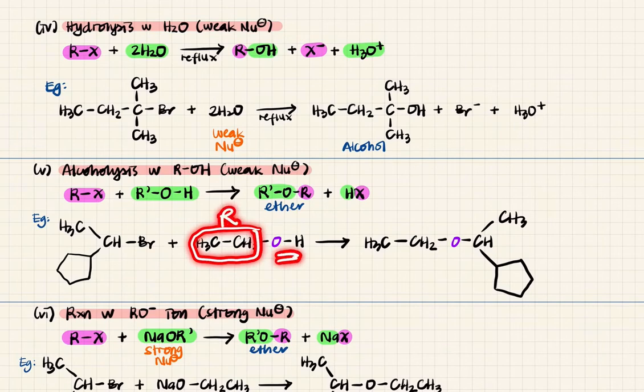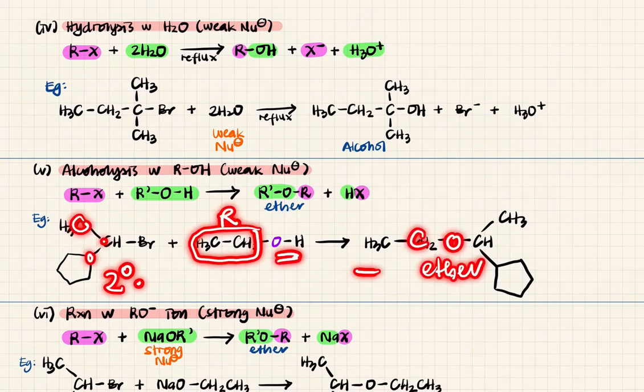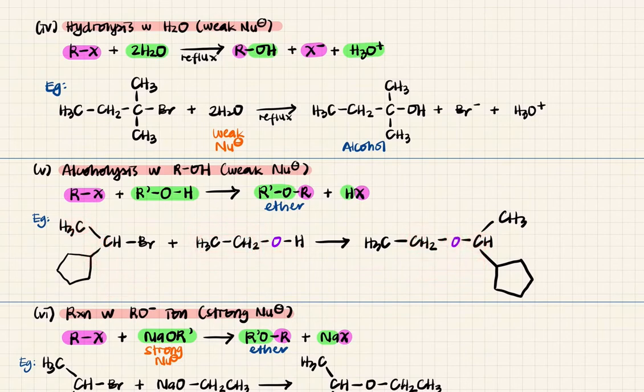Okay, alcohol react dengan haloalkane. Haloalkane awak berapa dia punya kelas? 1, 2. Secondary haloalkane. So kita akan dapat ether. Ether tu COC. Okay.